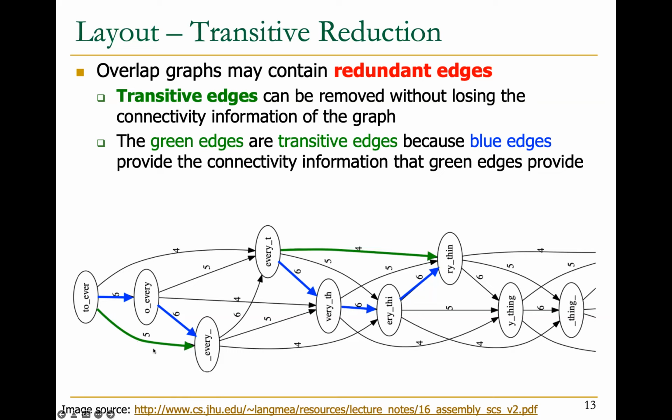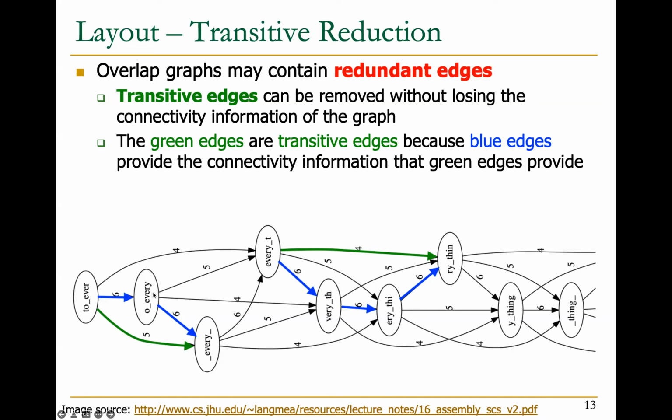Why is the green one the transitive edge and not the blue one? The step that we're going to take is to remove the green one, because we know the connectivity information will not be lost. But if we removed the blue edges rather than the green one, we would lose the connectivity from here to here.